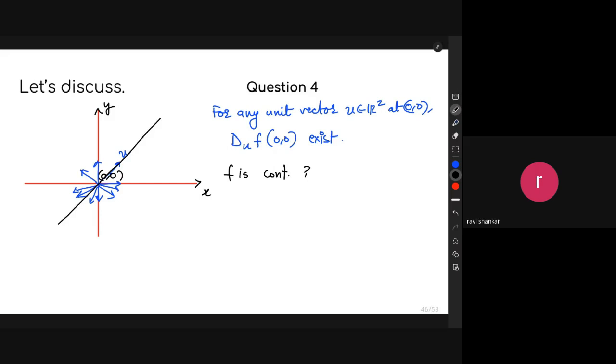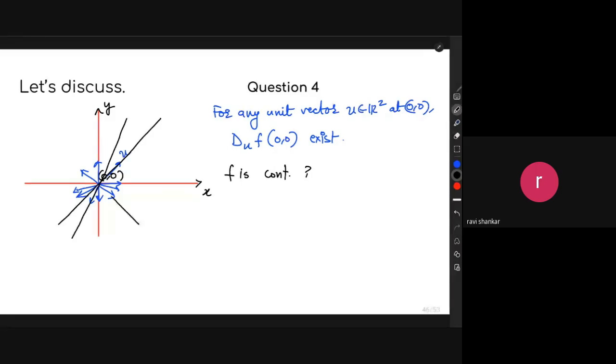If you consider a particular direction, the derivative makes sense, but the derivative of the function may not make sense.